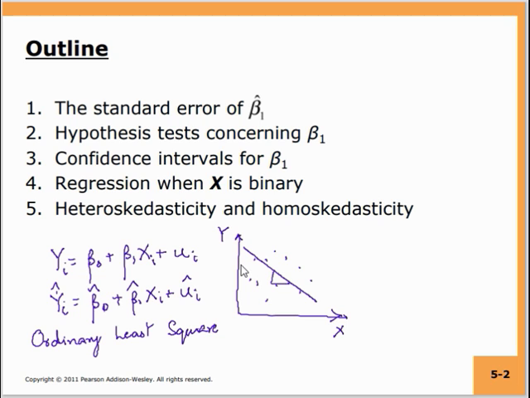This is the beta 1 hat that we try to estimate, and this is the beta 0 hat, the intercept, that we also try to estimate.